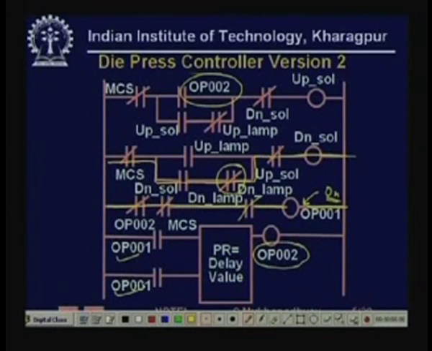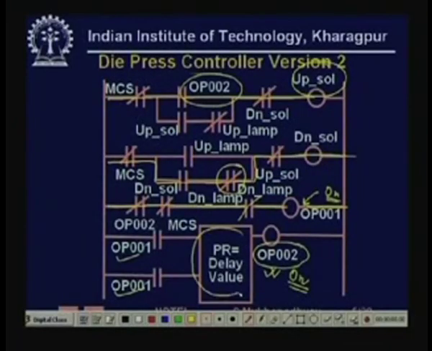After a delay, this OP002 becomes on. When this becomes on, there is a direct path to this and the up solenoid becomes on. Then the usual operation starts.